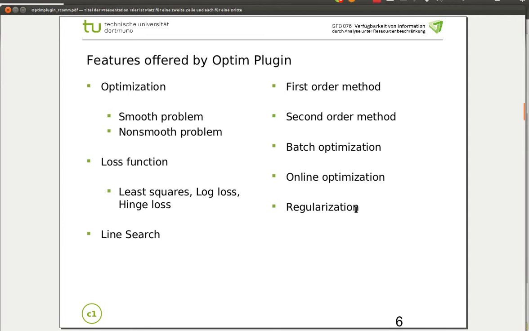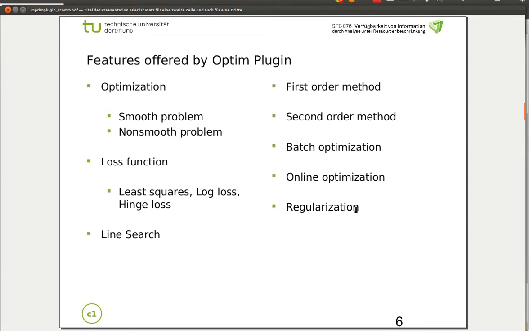Here we briefly describe the features supported by the plugin. Both smooth and non-smooth problems are supported. Smooth problems are problems which are designed to solve smooth objective functions, and non-smooth problems are problems which are designed to solve non-smooth objective functions.